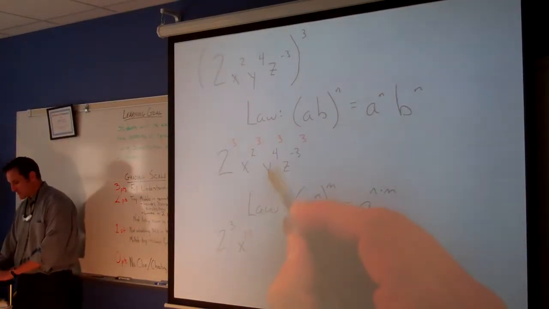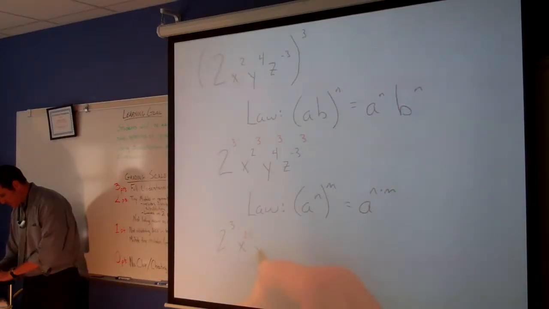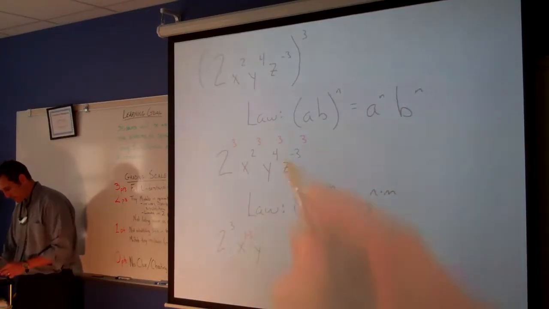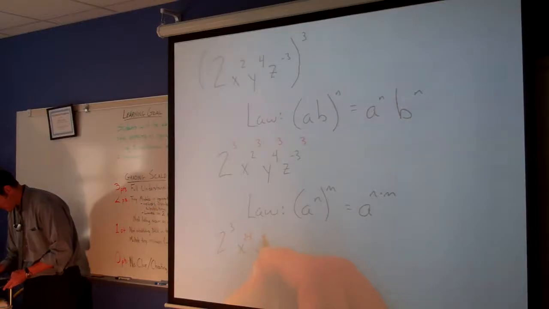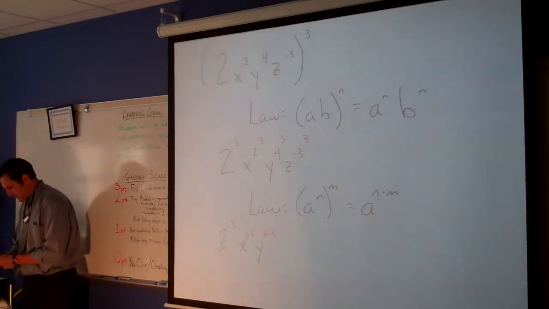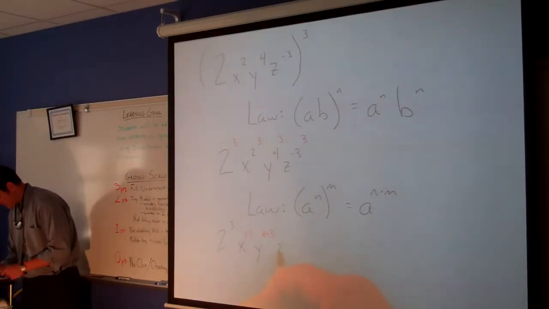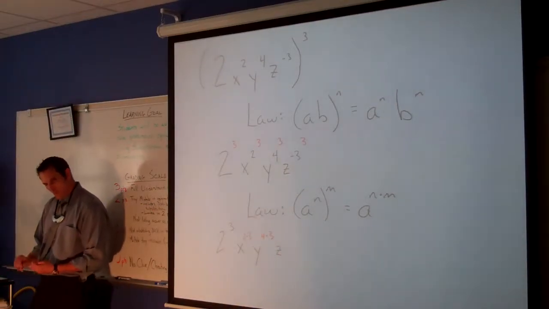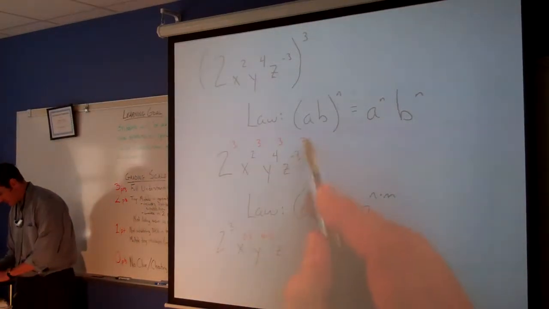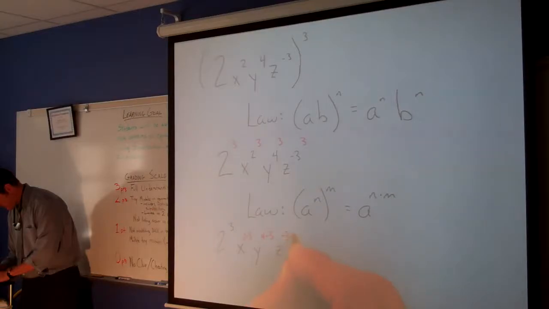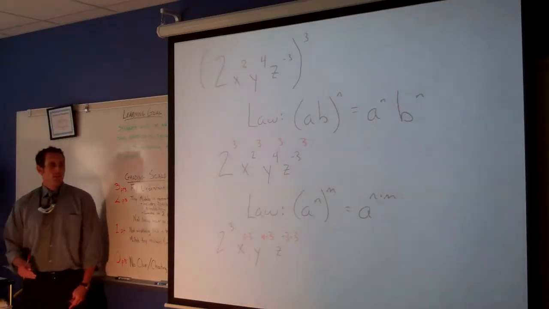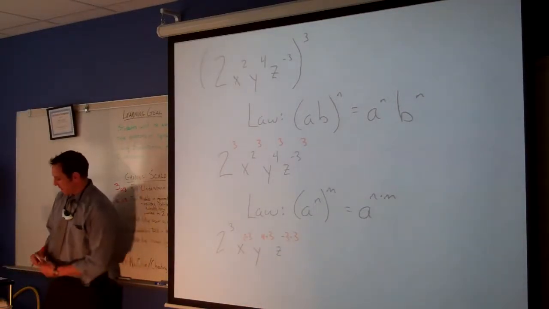Now we have y to the 4th to the 3rd. Keep the base, power to a power, and multiply the exponents. And then z to the negative 3 to the 3. Keep the base, multiply the exponents. Negative 3 times 3. So we have the setup of putting that law into practice.